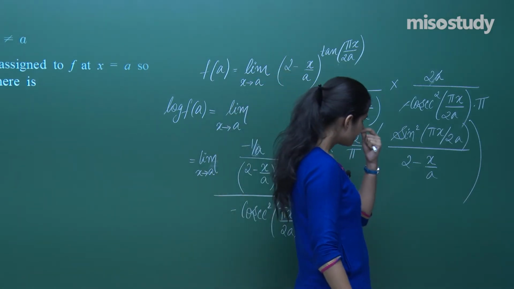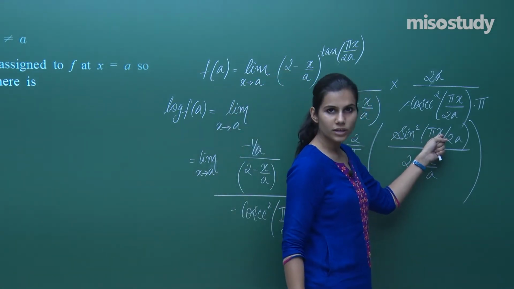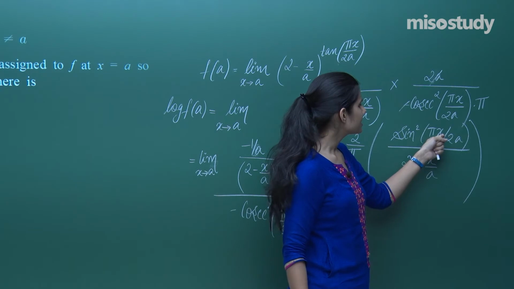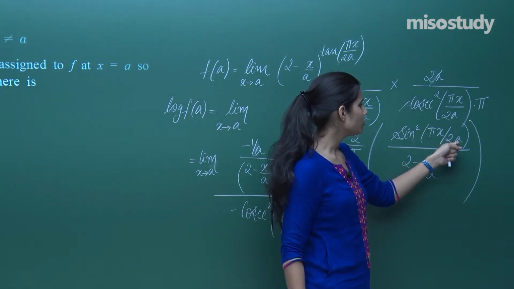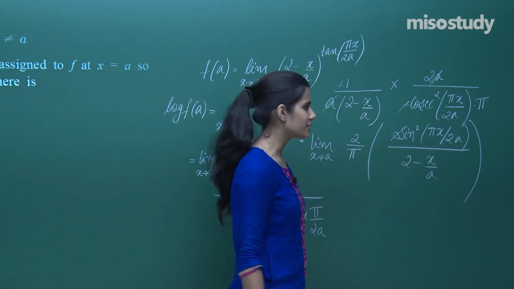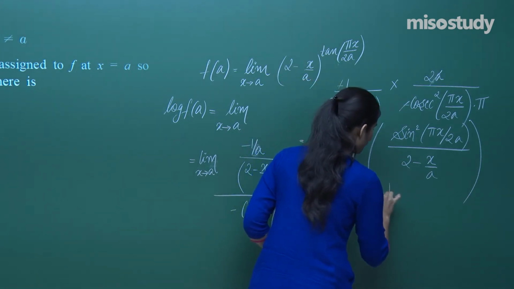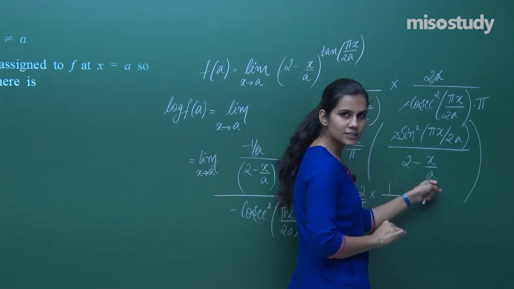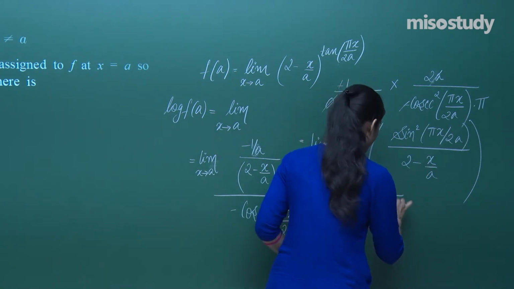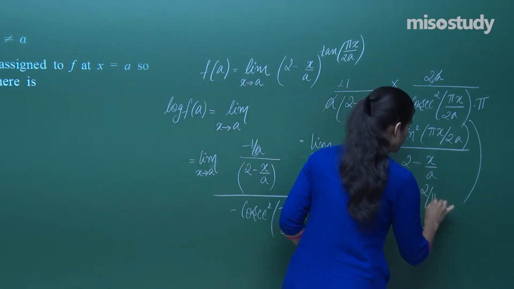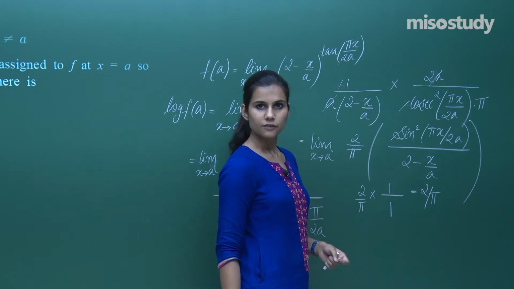you basically get limit x tends to a, this becomes what? This is a, so pi a upon 2a, that is pi by 2, which is 1. So you get 2 by pi into 1 upon, again x tends to a, so you get 2 minus 1, again 1. So this is 2 by pi. Fine.